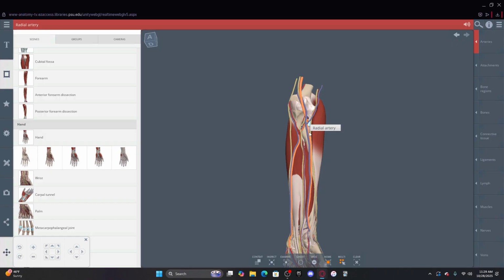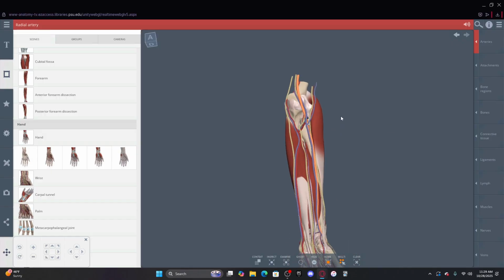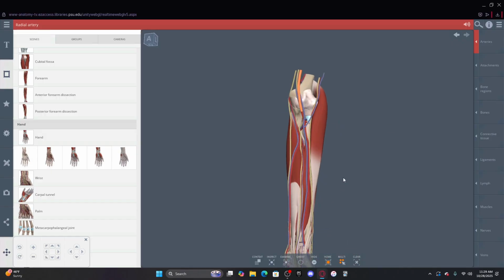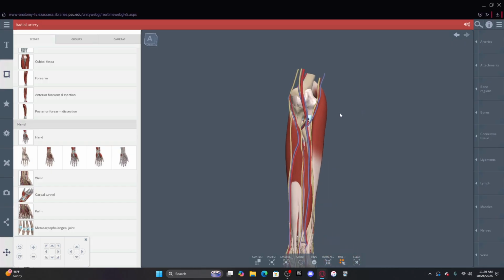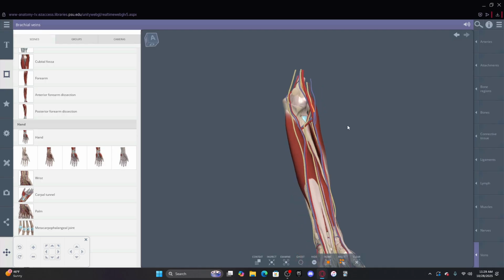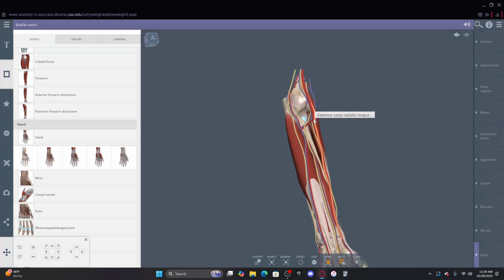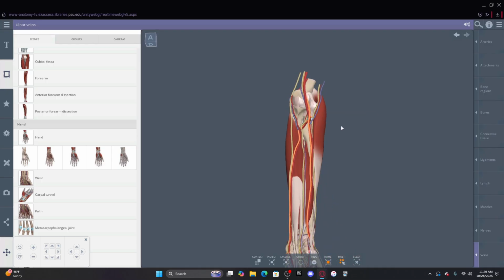Brachial, radial, ulnar, and then we have our brachial vein splitting into the same pattern, the radial and the ulnar vein.